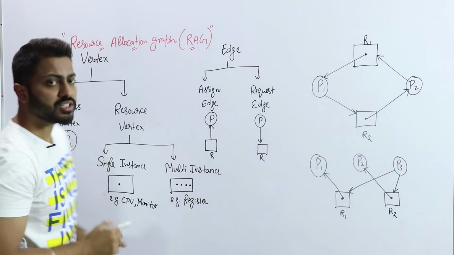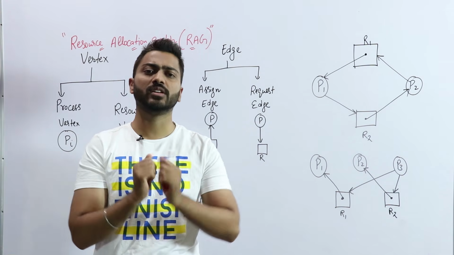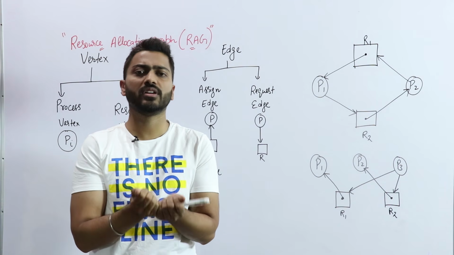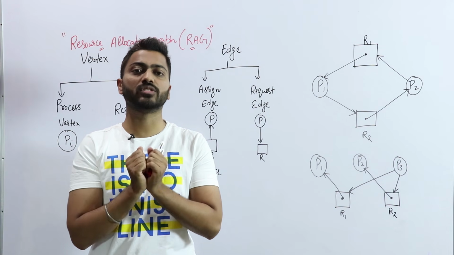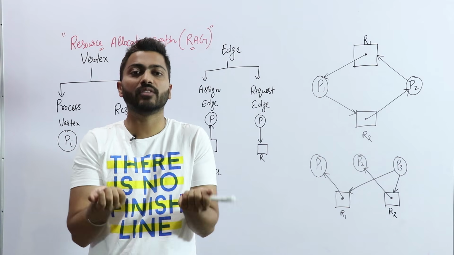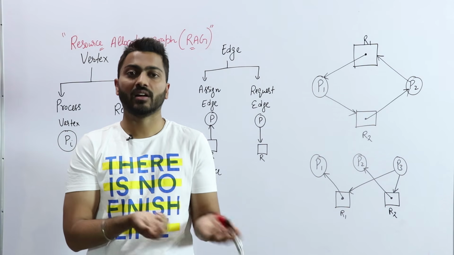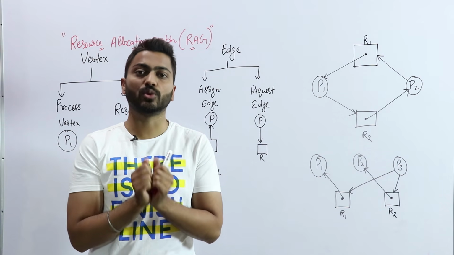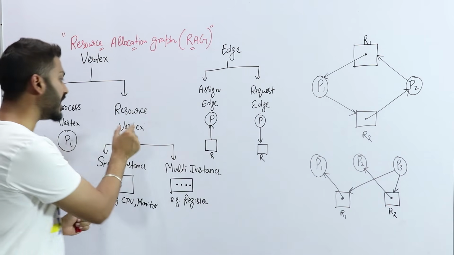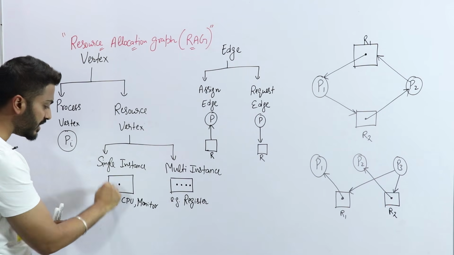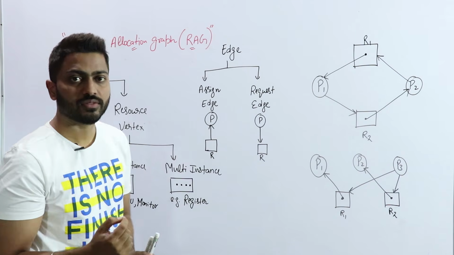And resources, like CPU, register, memory, monitor, printer, whatever resources we have in our laptop, mobile, or tab, are again represented with a vertex, but in a rectangle.